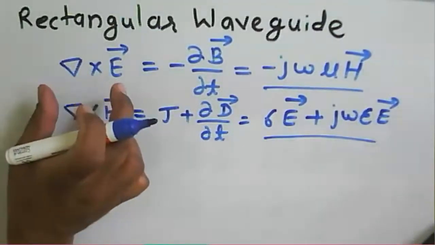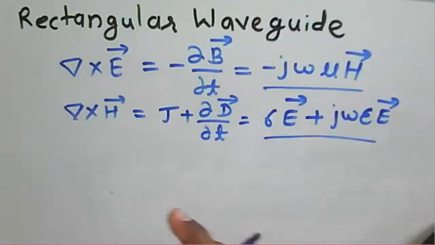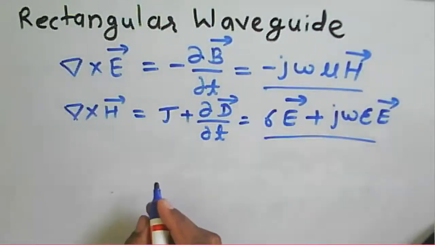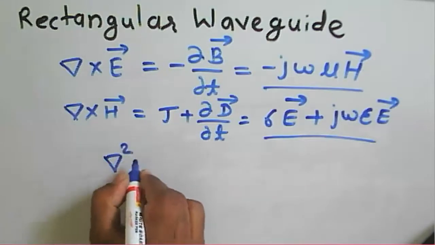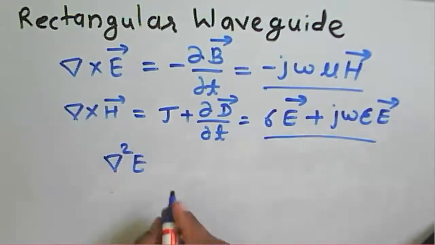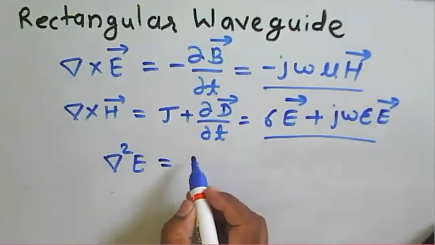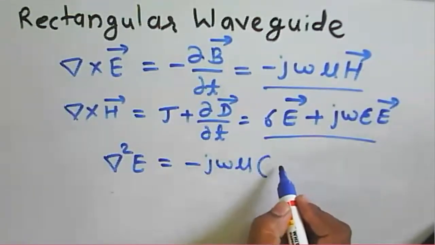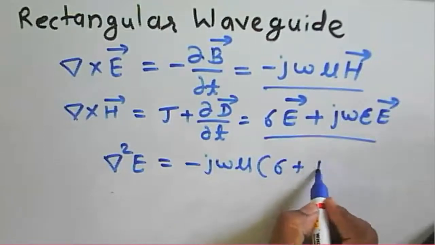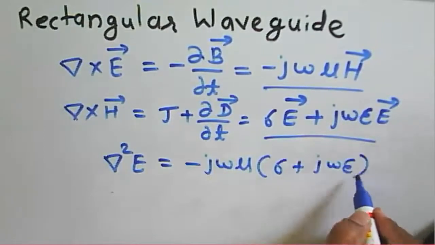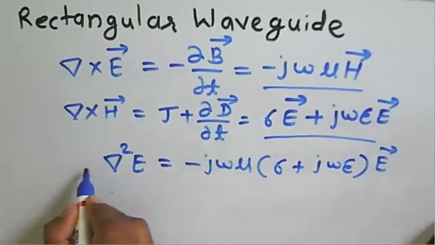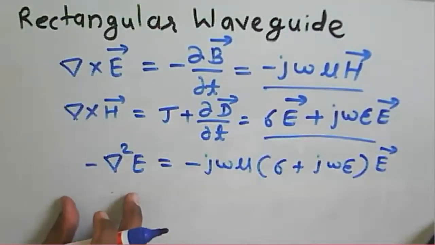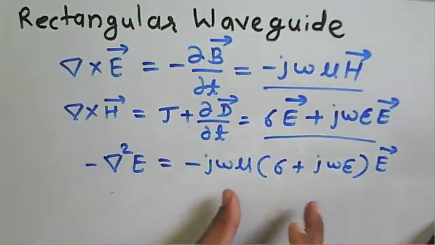Now if you take del cross del cross E, that is a vector here, so del square E, okay. So it is nothing but what? A j omega mu into sigma plus j omega epsilon here, and this one is about a minus. So this is minus del square E and minus j omega mu.